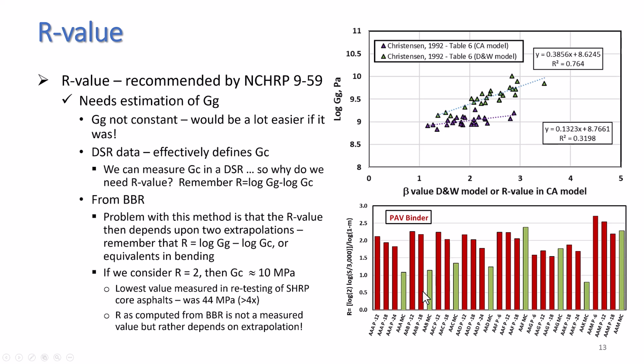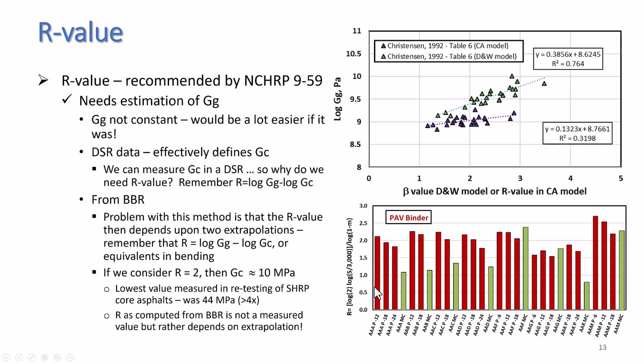In the case of these green bars, I've excluded the stiffness below 1e5, consistent with the recommendations that Don Christensen and Dave Anderson made with the use of the Christensen-Anderson model. A little bit more on that limit of 1e5 later on. So you can see that there's a clear difference here.